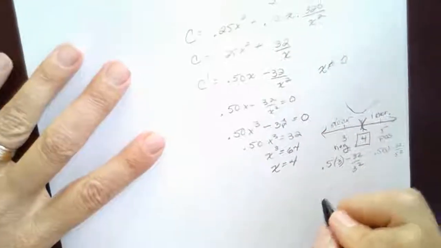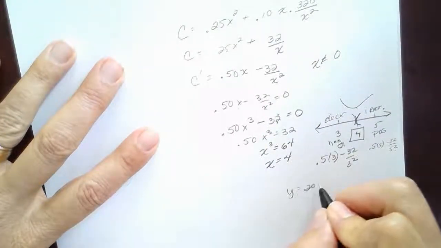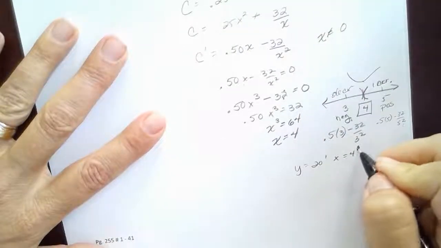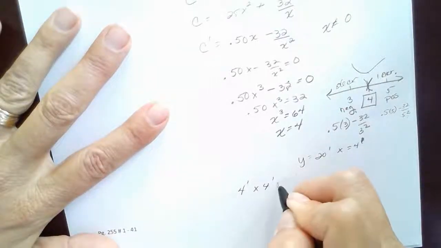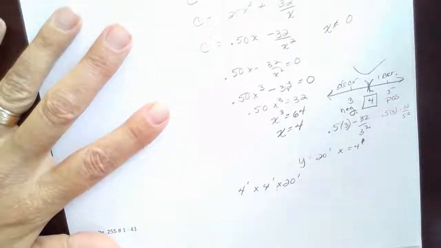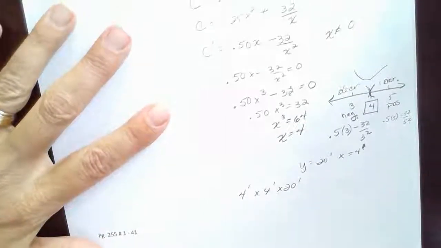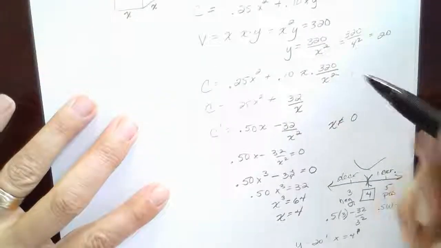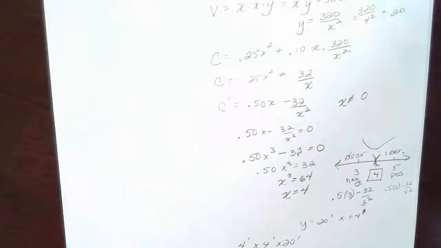Okay, so then Y will be equal to 20 feet, and X will be equal to 4 feet. So our box dimensions will be 4 foot by 4 foot by 20 feet to minimize our cost. And since it didn't ask us for the actual cost, we do not have to go back up to this formula and plug it in and compute it. All right.